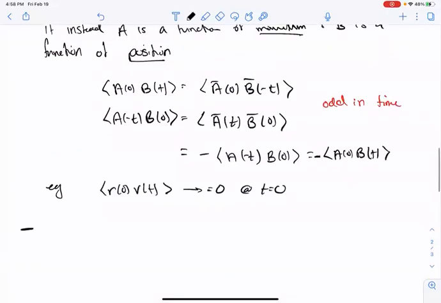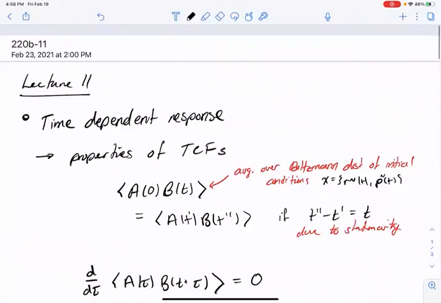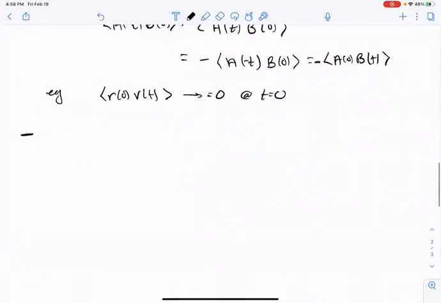So now let's introduce an exactly solvable model for which we can understand its dynamical response properties. Let's call this the dynamically forced harmonic oscillator.